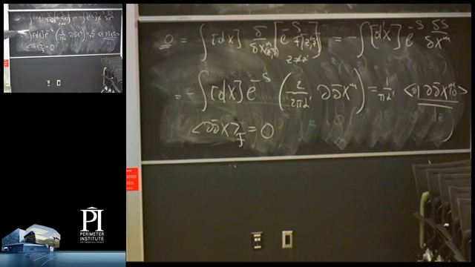So as long as z is not the same as the point where I insert my operator, we find that del bar of x equals 0, which means that del over del bar x equals 0 as an operator statement.